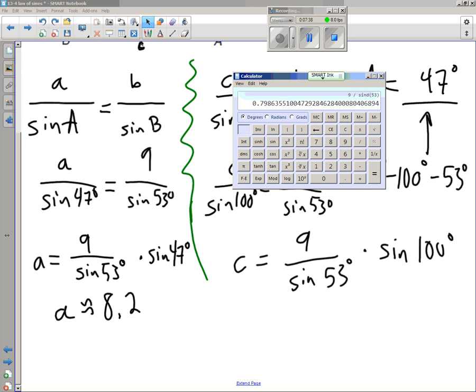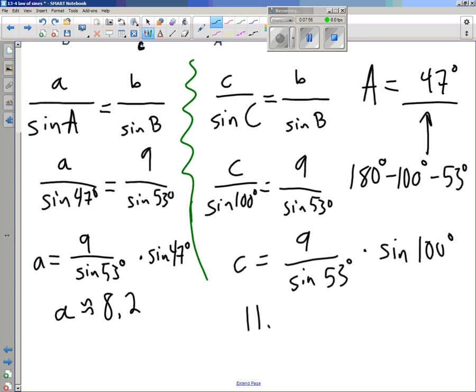And then just do times sine of 100. It's different than what I'm doing here, but if you just type it in as it looks on your paper, it should work fine. And you get 11.1 for c. 11.09. And there you go.